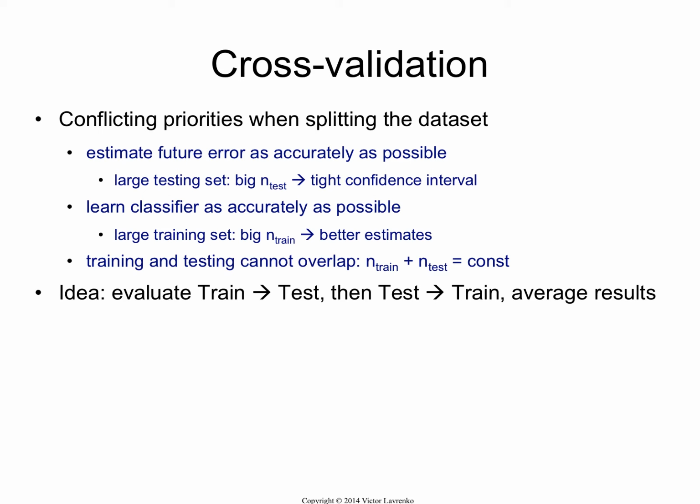Now, why is this legal to do? Am I not overlapping the data? You're not, because in each fold, at each step, you're using each instance only in one way. So in the first step, any instance in the training set is used for training the classifier.